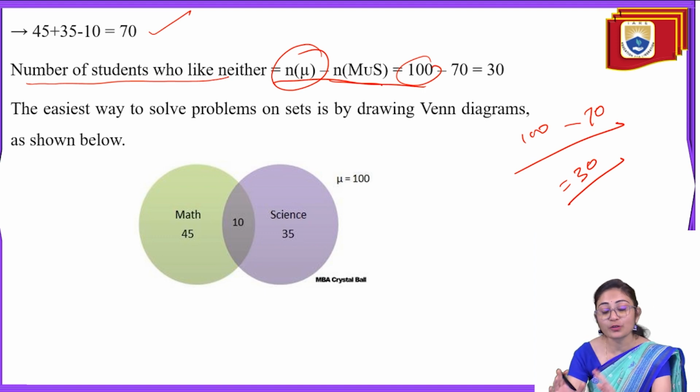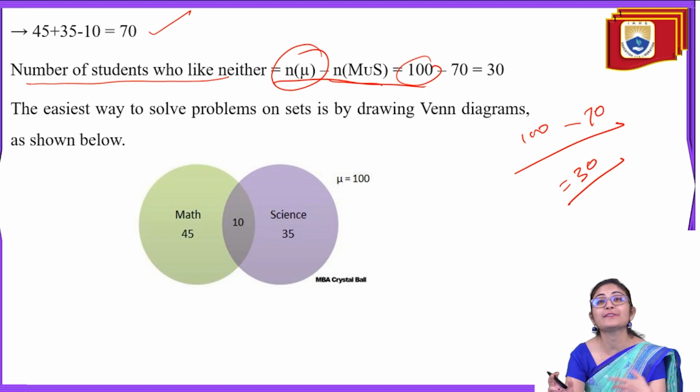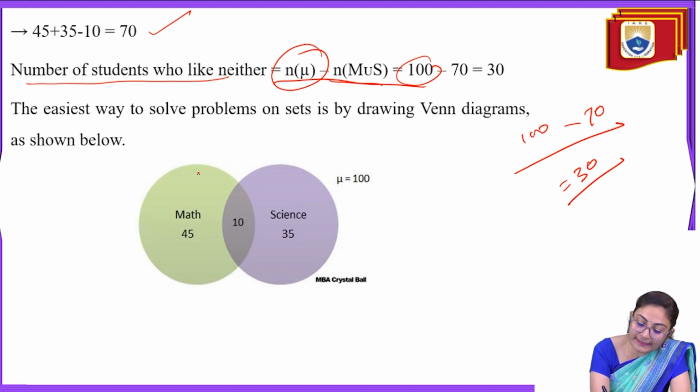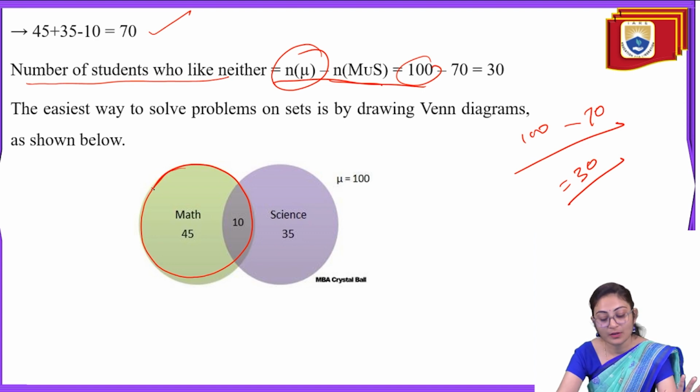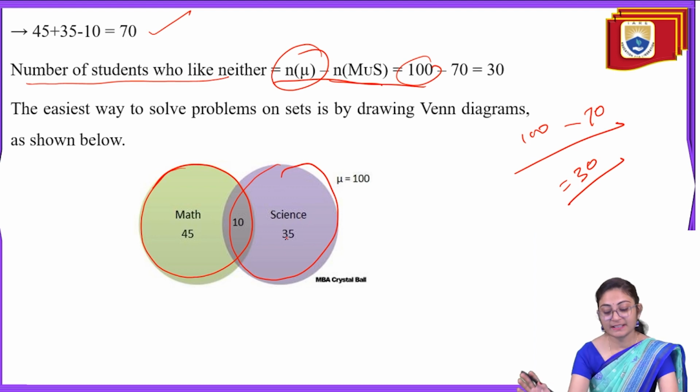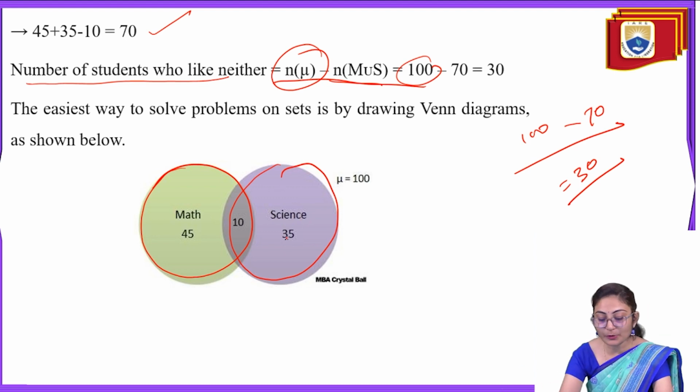Even this problem you can solve by using the Venn diagram also. So this is your Venn diagram. This is showing maths, 45. This is showing science, 35. Total number of students is 100.